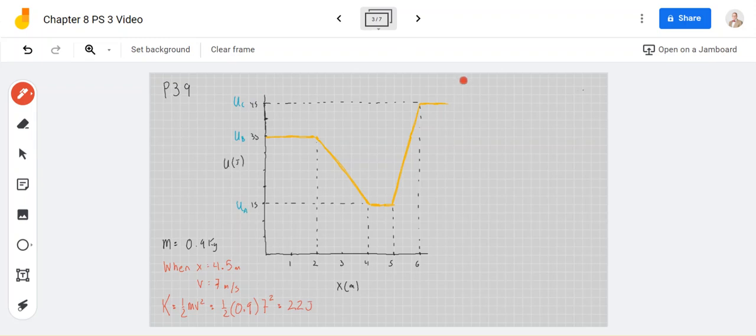So if I start with our general principle that the total energy is equal to U plus K, then my energy, when x is 4.5, right here, we can see that U is 15 plus 22. So the total energy is equal to 37 joules.